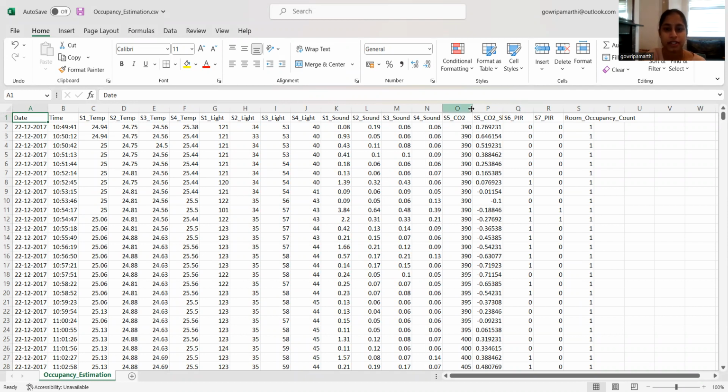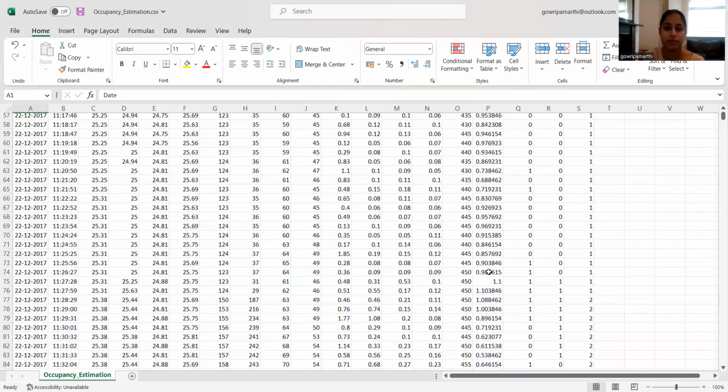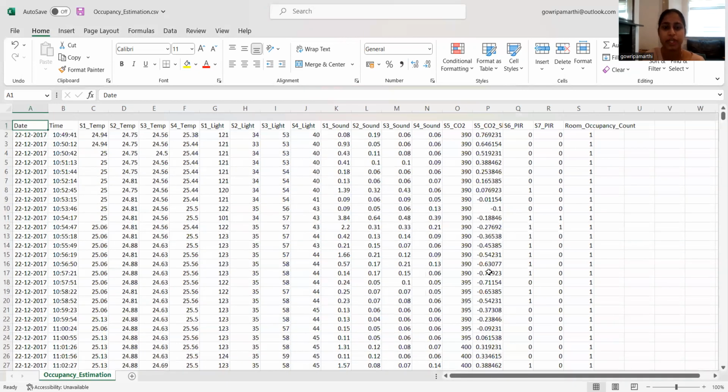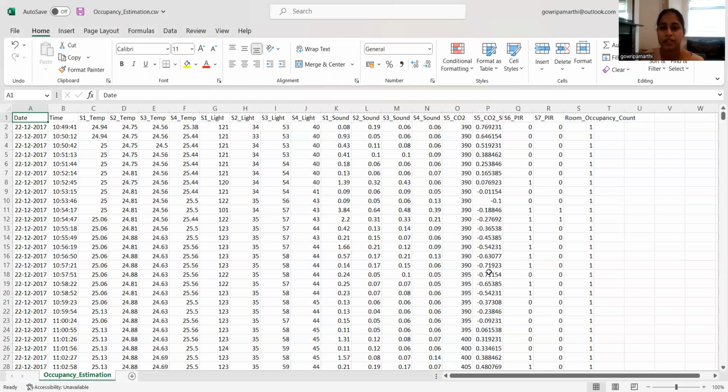These sensors send data every 30 seconds. This is the classification: S6 PIR and S7 PIR. Sometimes the values are zeros and ones, but in the room the occupancy count is only one. This is the dataset I took from the UCI Machine Learning Repository website.